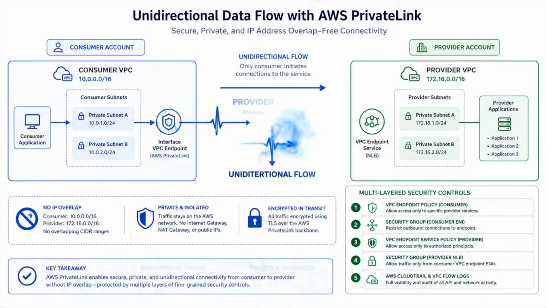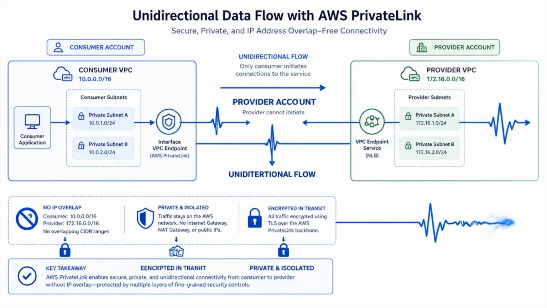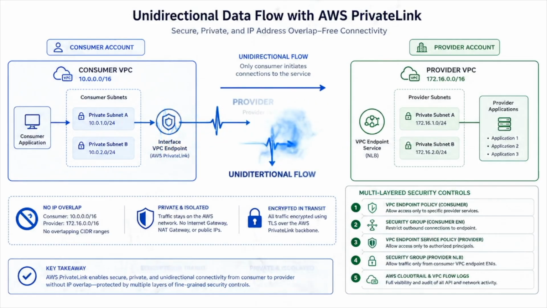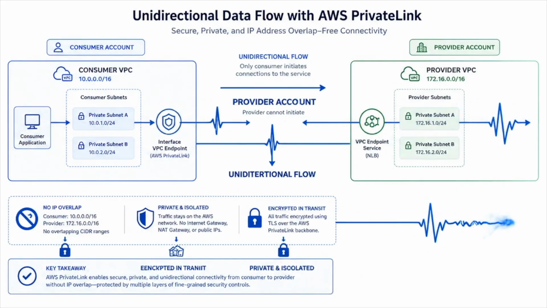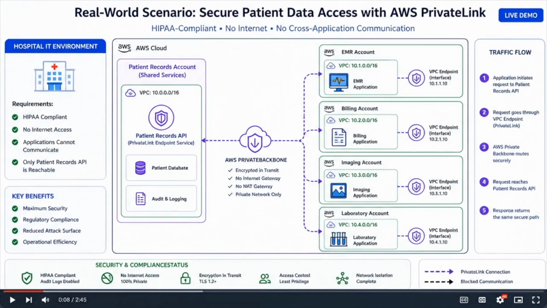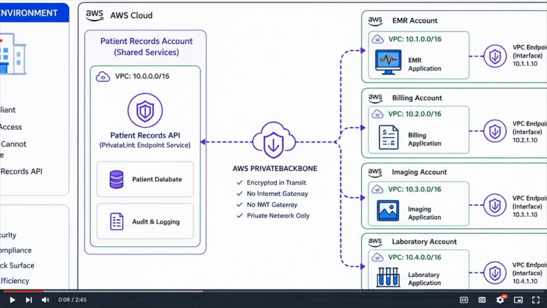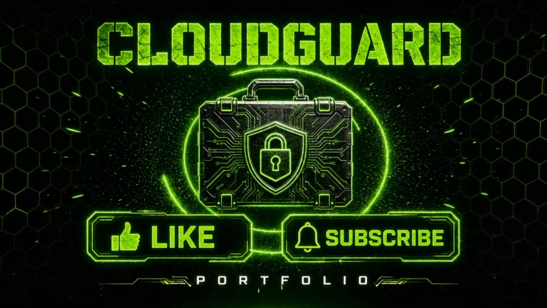It's unidirectional, meaning the provider can't reach back to the consumer. So the producer account can't ever reach back to the consumer. So in our example, the PHI store can't reach back to the applications. Only the applications can request PHI from the producer account. It also ignores overlapping IP addressing and it keeps your attack surface incredibly small. So this concludes our project.